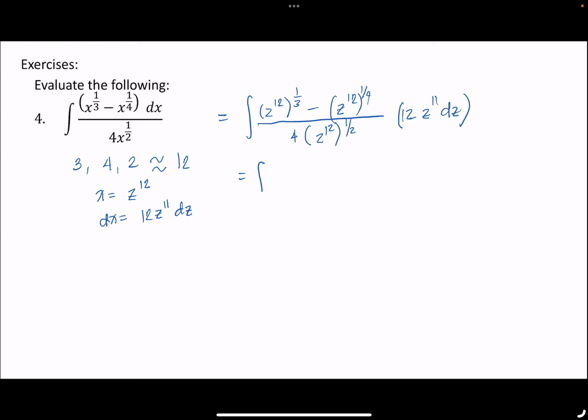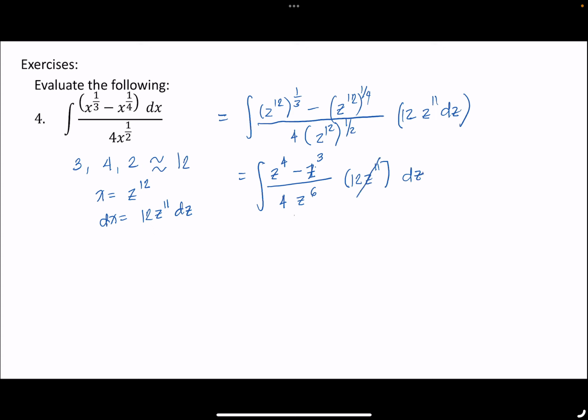So we have the integral of z raised to 12 over 3 is 4 minus z 12 over 4 is 3, over 4 z raised to 6, times 12 z raised to 11 dz.